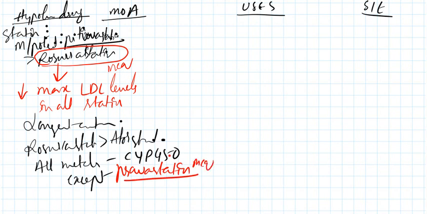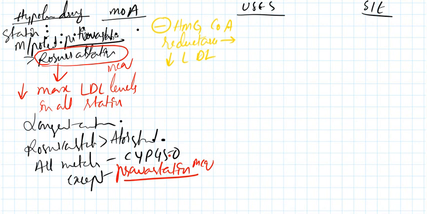Now coming to the mechanism of action, how these statins decrease low density lipoproteins. They inhibit HMG CoA reductase, thereby decreasing the LDL.